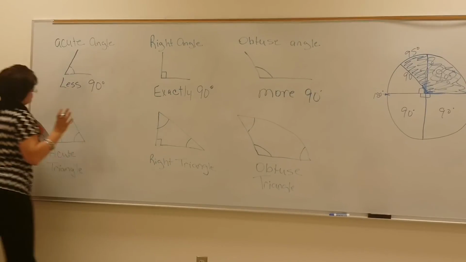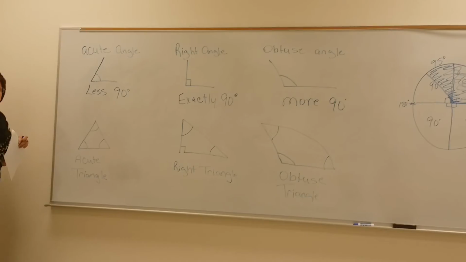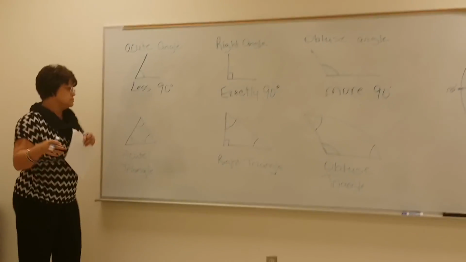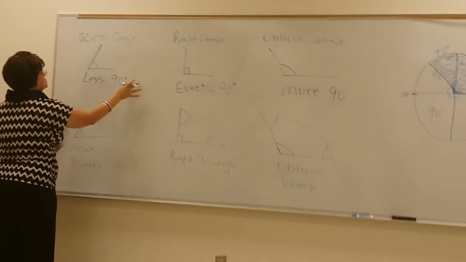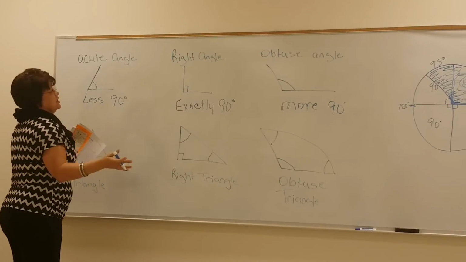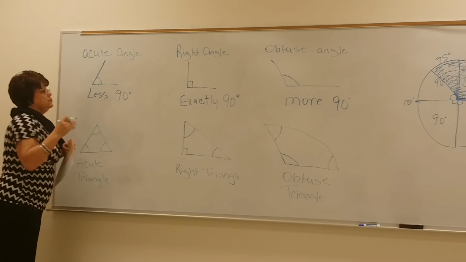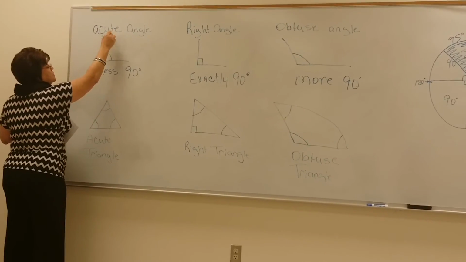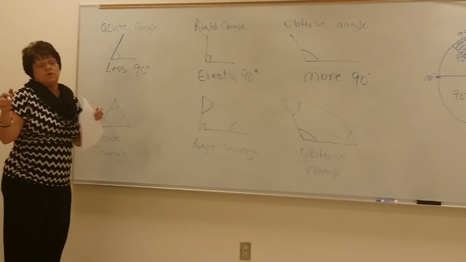So we're going to move on, and we're going to learn today about triangles, the triangles part of the angles. It's just like you learned in your angles. We're going to apply what you've learned.